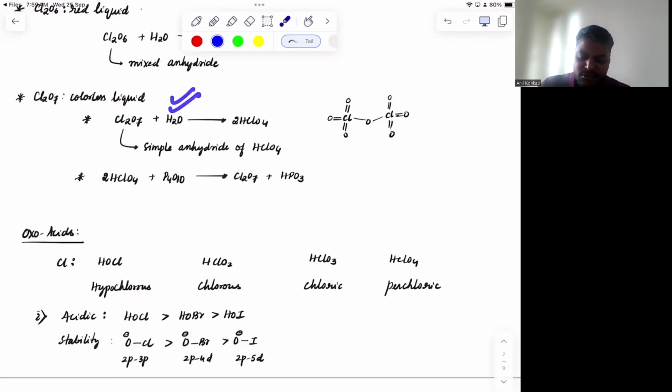Lastly, Cl2O7, it is a colorless liquid, and when you add it with water, it will become HClO4. It is a simple anhydride of HClO4 here, and HClO4, when you treat with P4O10, it will give us Cl2O7. So that is a preparation of Cl2O7. Okay.